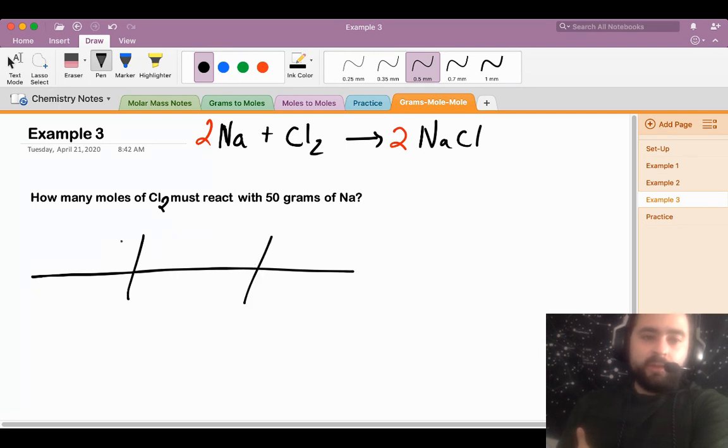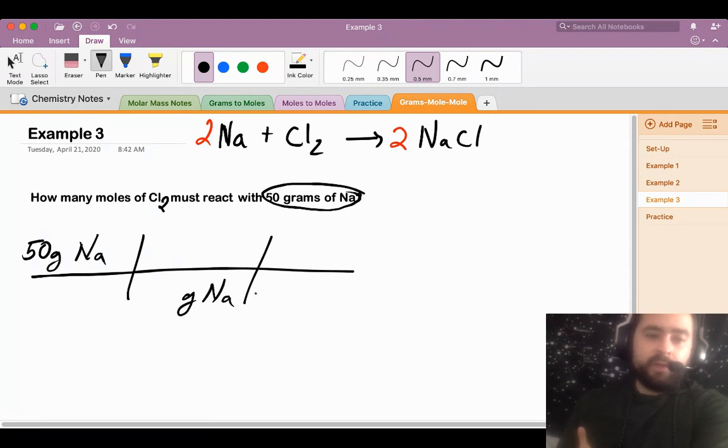So let's set this one up. So my given, 50 grams of Na. I'm going to write this unit at the bottom. So next I'm going from grams of this to moles of this because I'm going from grams to moles.